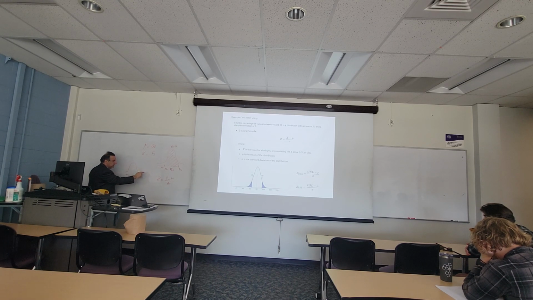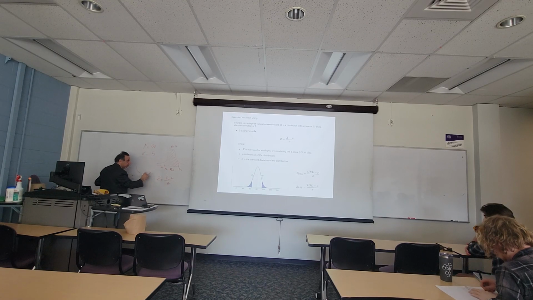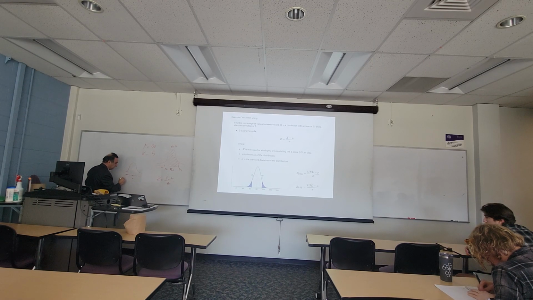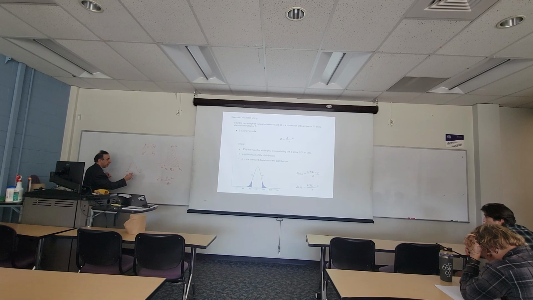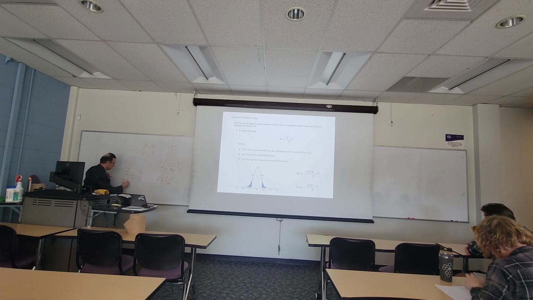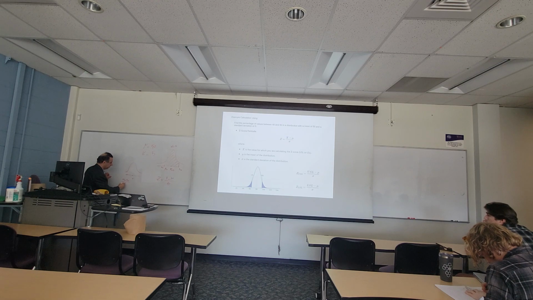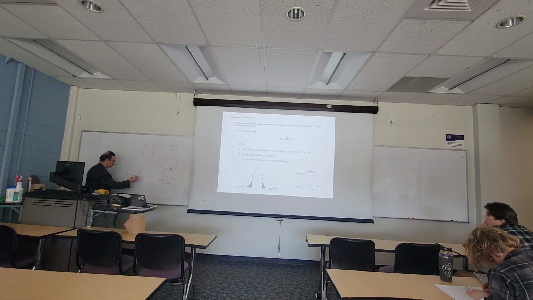So what is the z corresponding to 40? You have to calculate it. You use this formula: x, 40, minus the average 50, divided by 5. So this is my new z, Z1.